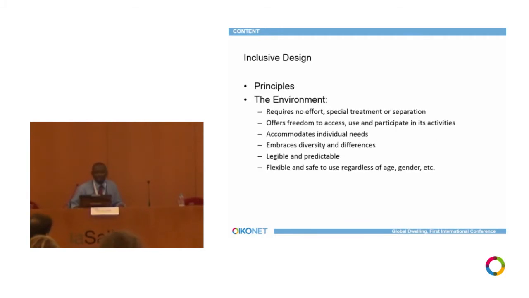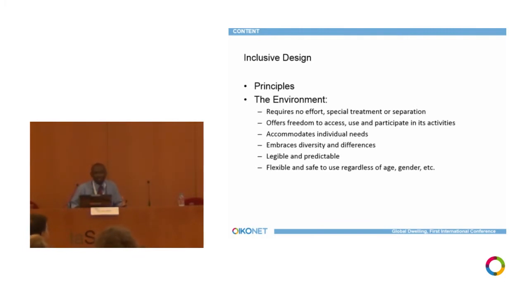Principles of inclusive design. It means it is an environment that takes into consideration that there should be a minimal effort that is applied by the user. It should offer freedom of access to the user. It must accommodate the individual needs of the people.